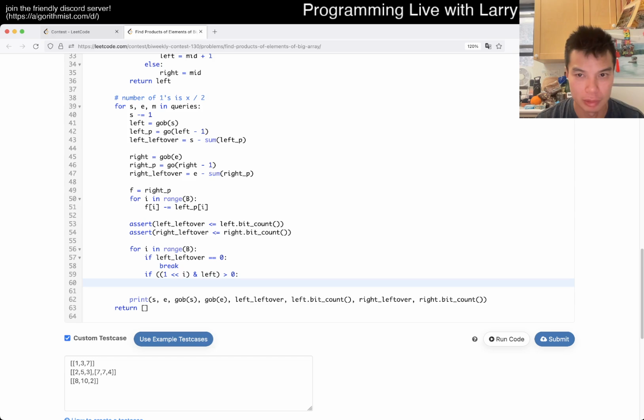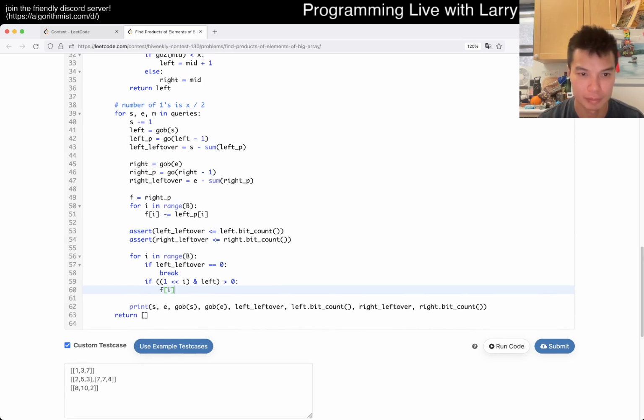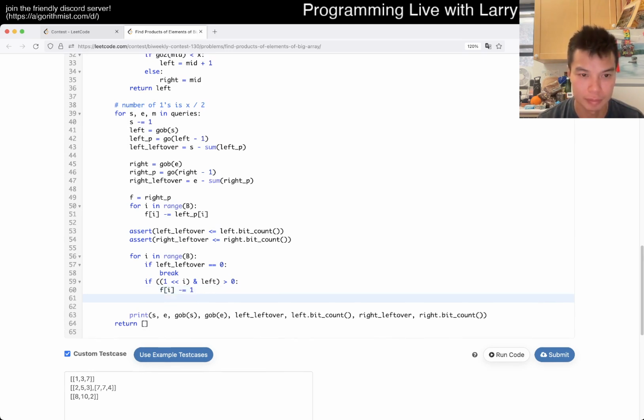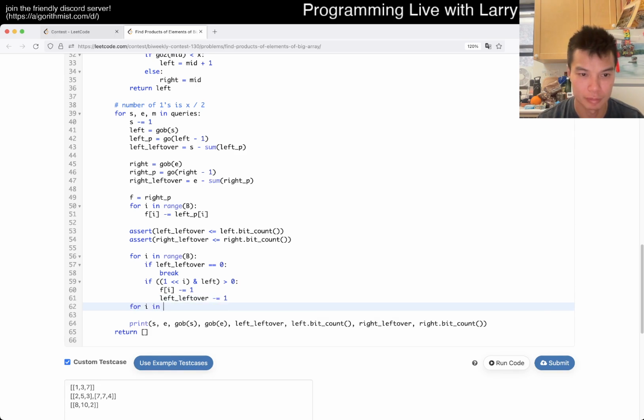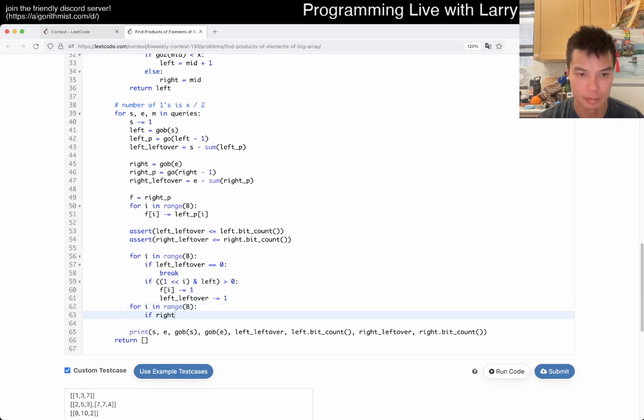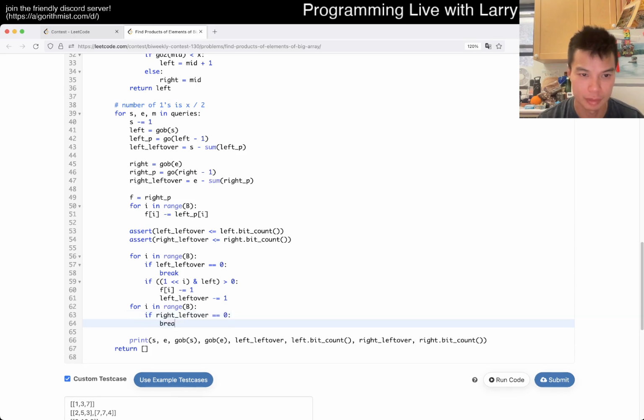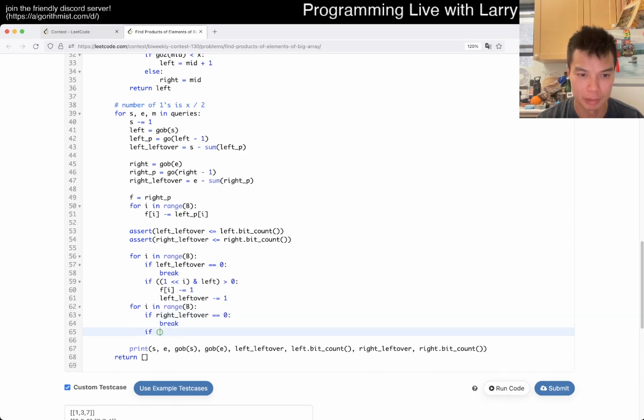Okay, so then now on the left side, we want to subtract 1, right? Okay, so then now, yeah, maybe this could be a helper, I don't know.